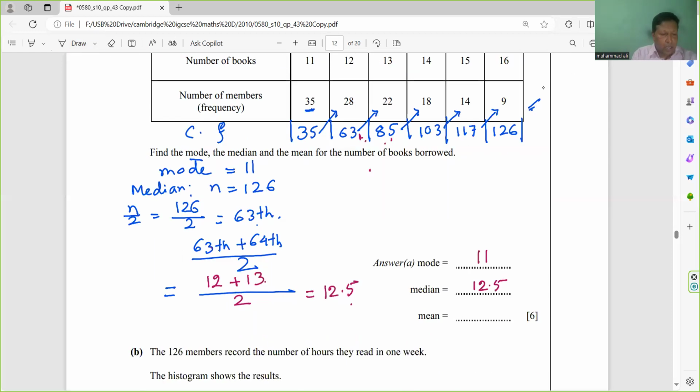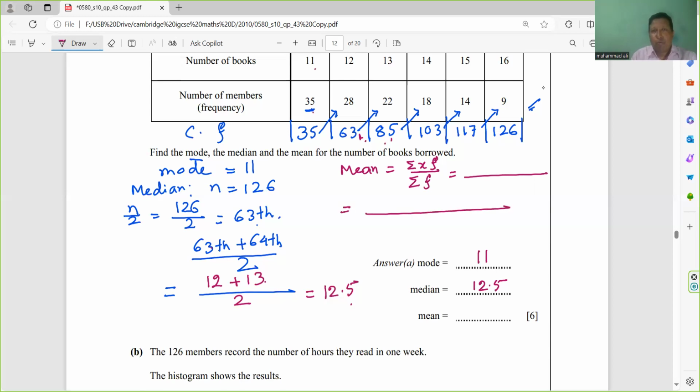it is another formula. So to find out mean, we have to follow the formula. Mean equals summation xf divided by summation f. So frequency, we just write over there.